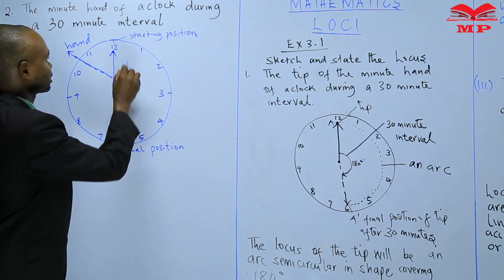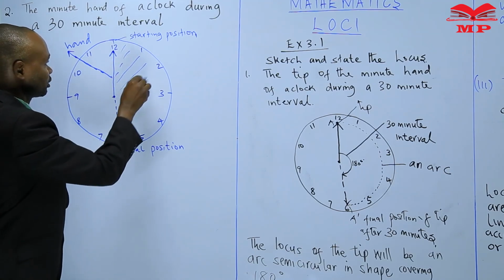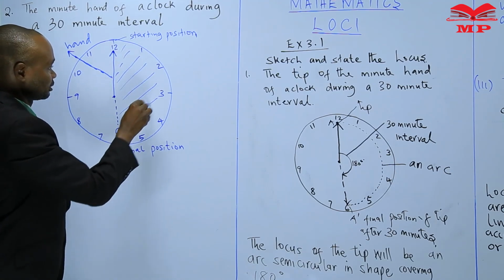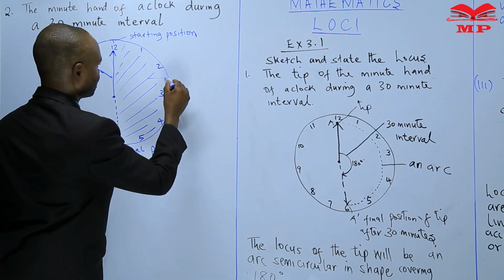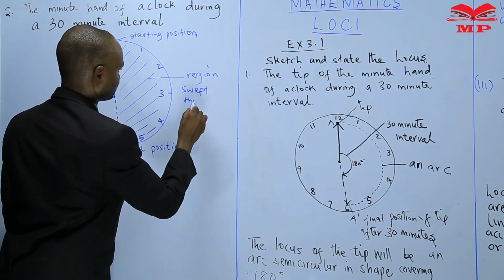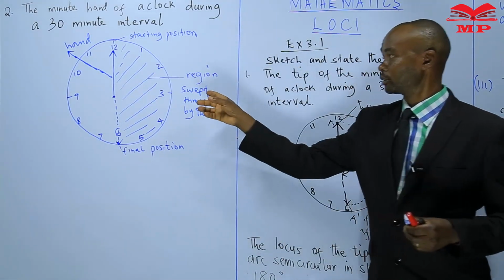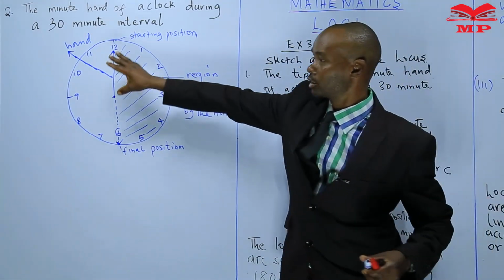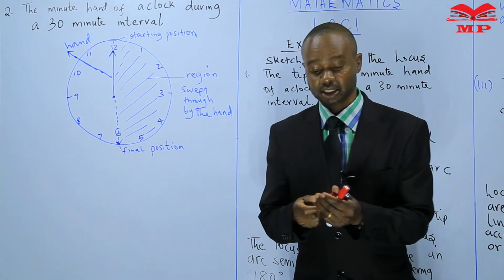So you'll have that region or area, indicated as region. This is the region the hand will sweep through during the 30-minute interval.